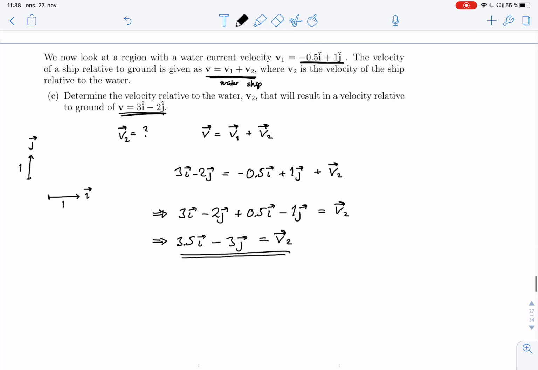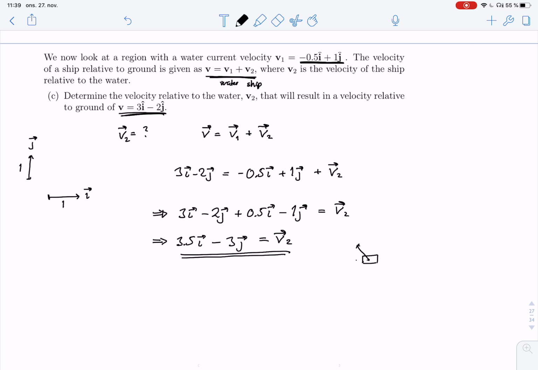So we have a ship, just to make sure here that you understand. So we have a ship, let's put it like this. And that ship is dragged by water, something like half to the east and 1 to the north.